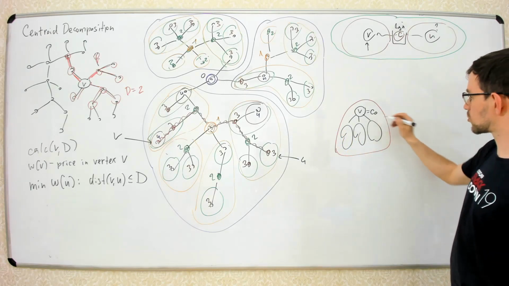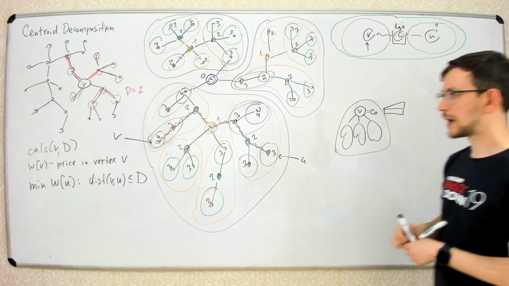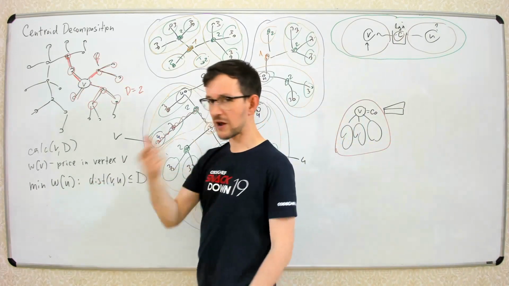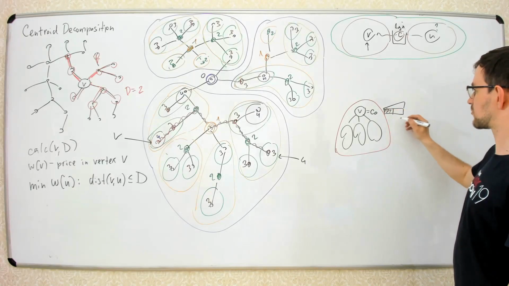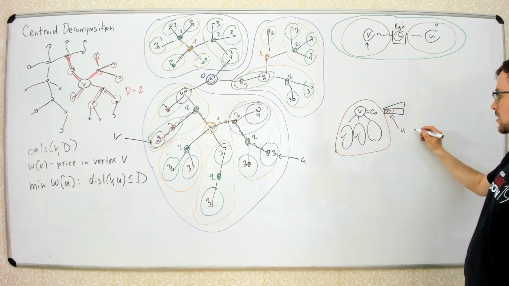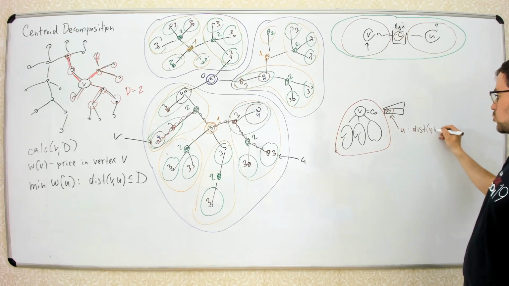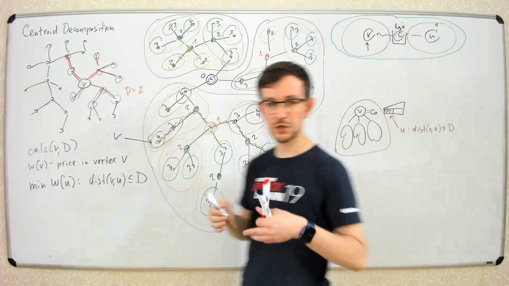Now we need to find the prefix of this array. These are all possible U's such that the distance from V to U is no more than D, right? And for this prefix, we just need to find the minimum.